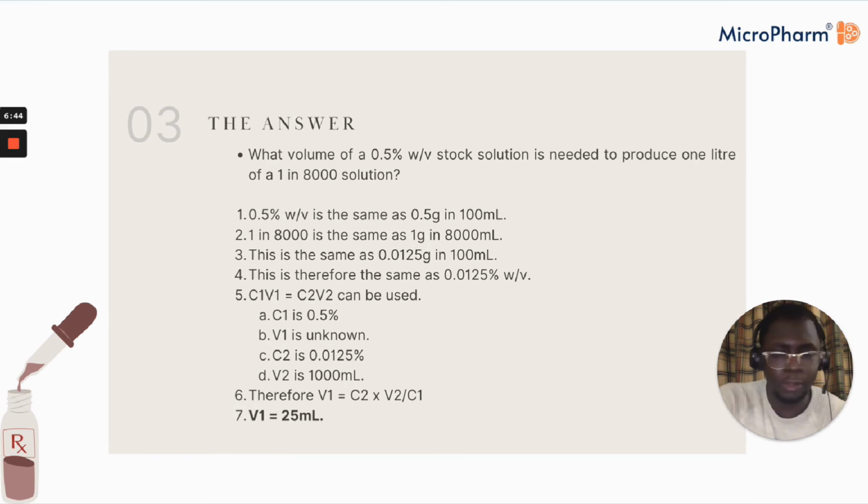In order to do that, I divided both sides by 80. So 1 gram in 8,000 ml is the same as saying 0.0125 grams in 100 ml, which I can then say is 0.0125%. And then I can use my good old equation C1V1 equals C2V2.